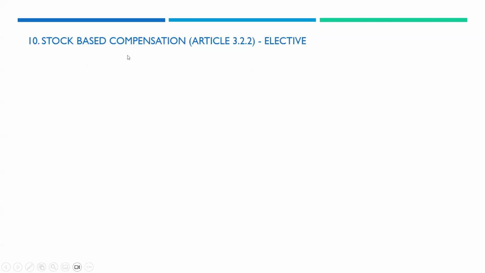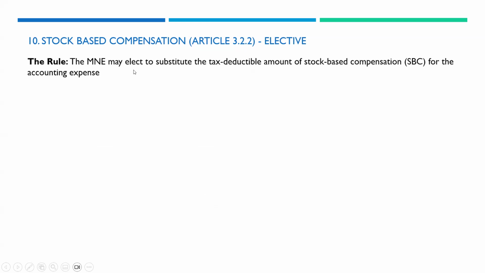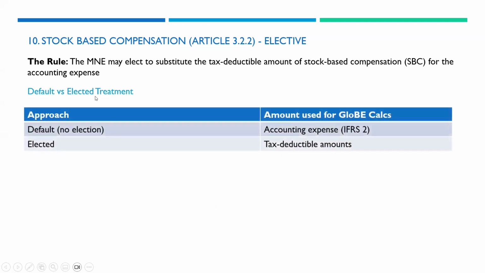And then stock based compensation. Now there is IFRS 2 stock based compensation, correct? The MNEs can elect to substitute tax deductible stock compensation for the accounting expense. So basically what it means is, it is an election. What you can do is take the tax deductible amounts, that is, the contribution actually paid.